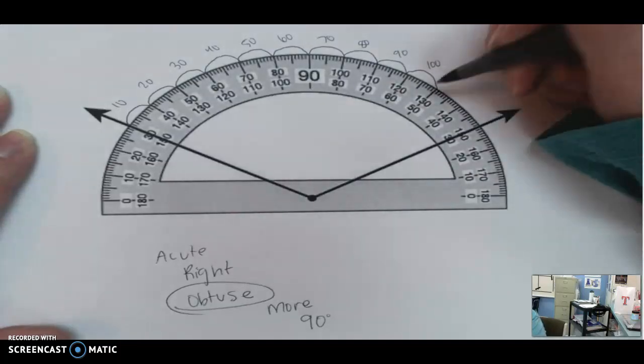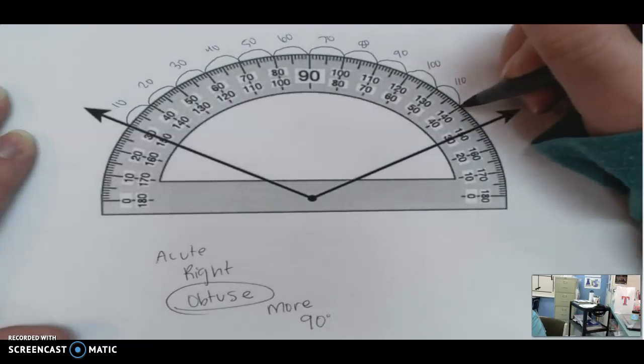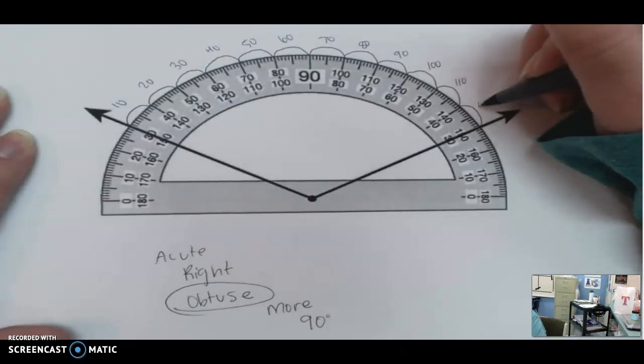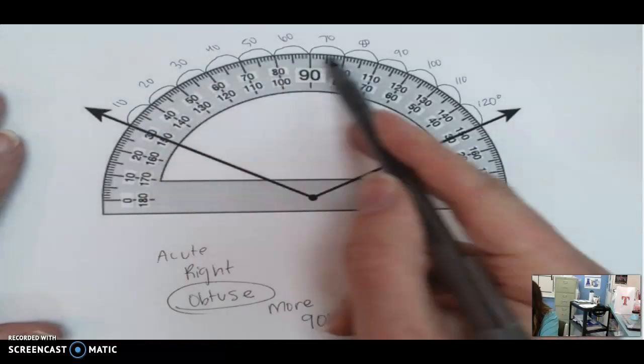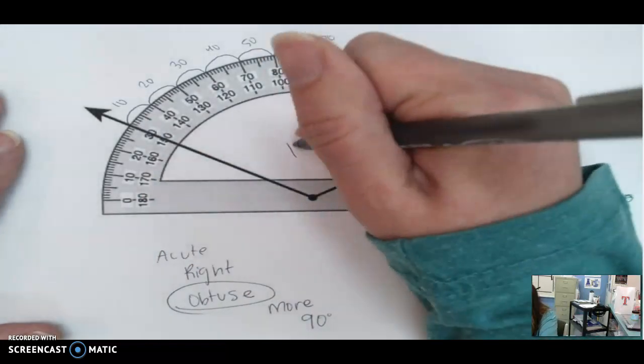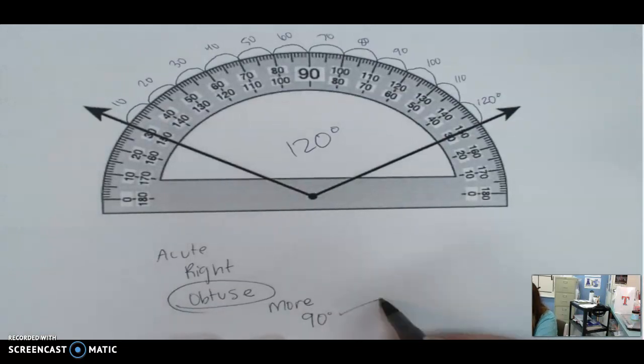Got to keep going. 110, 120. So we have this angle, I believe it to be 120 degrees. That does check out to be more than 90 degrees, so it does seem like a reasonable answer to me.